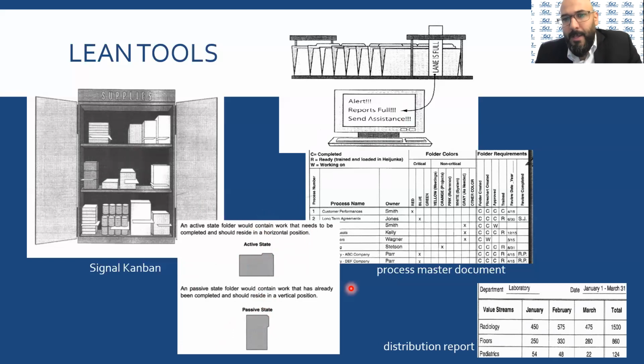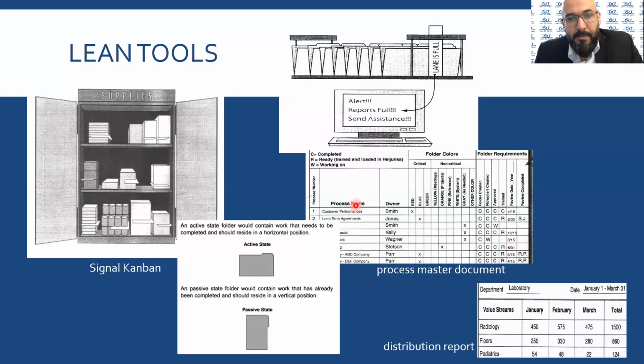Another tool that helps us in lean is value stream mapping, a tool to map any process and look into value-added and non-value-added processes. We talked about it before, but I want to remind you of some of the things. This is what is called the process master document.